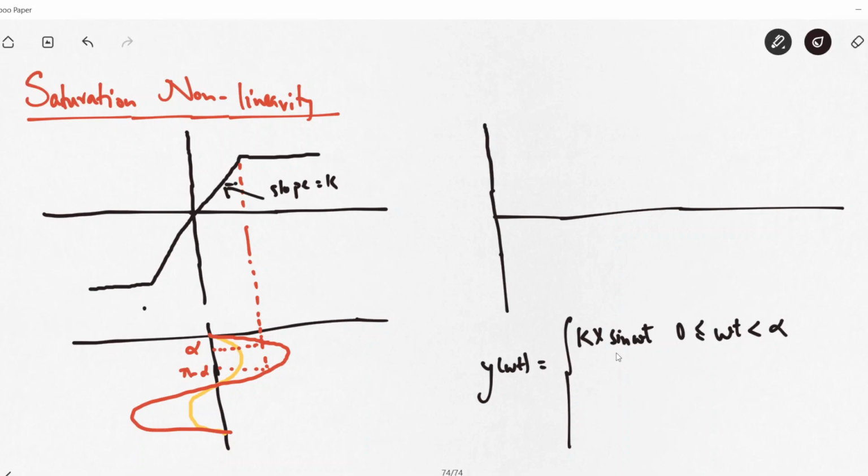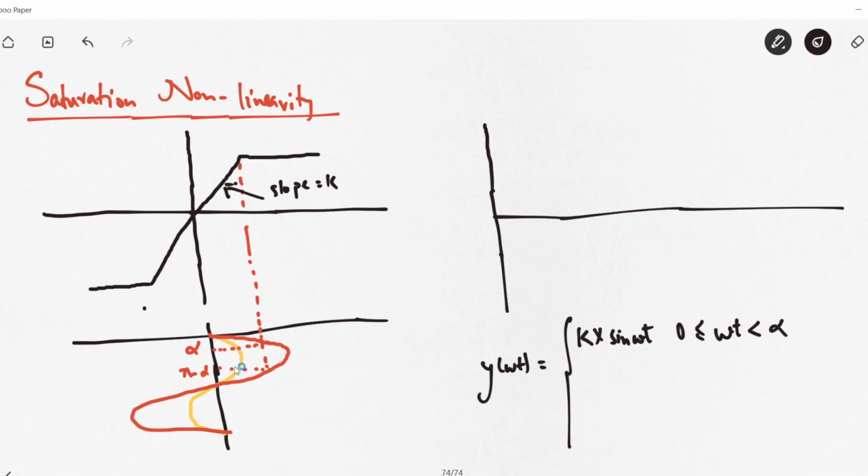So it will only act upon the gain of the input, depending upon the slope of this linear curve, that is k, and we'll get an output equal to k x sine omega t.